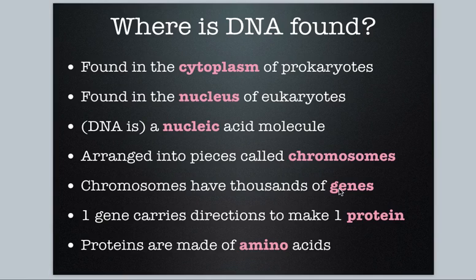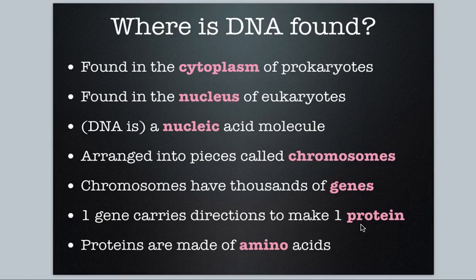One chromosome has roughly 1,000 genes on it. So we have thousands of genes in our 46 chromosomes. One gene carries the directions to make one protein. Hair color, that's a protein. How curly or not curly your hair is, that's another protein, so that's another gene.